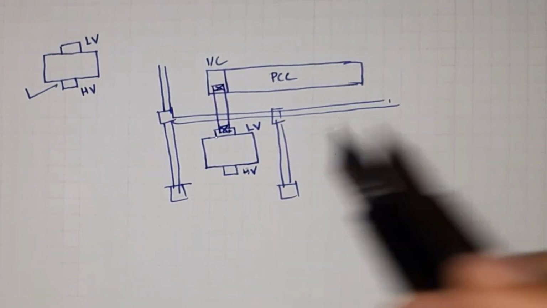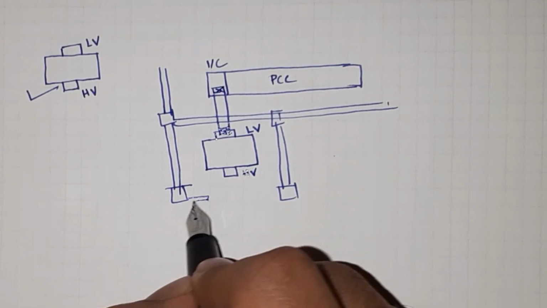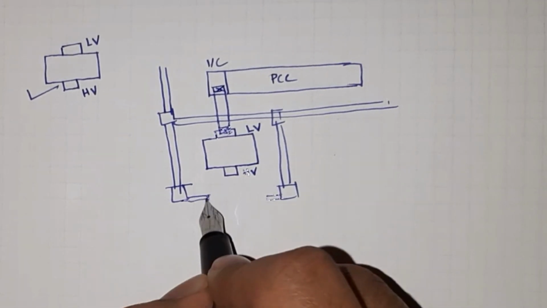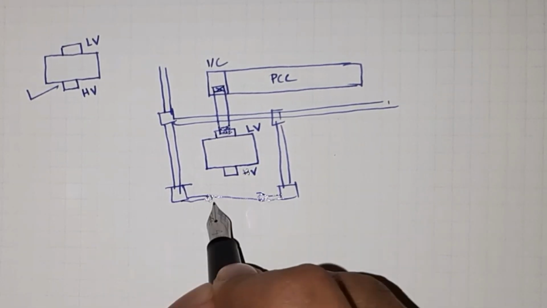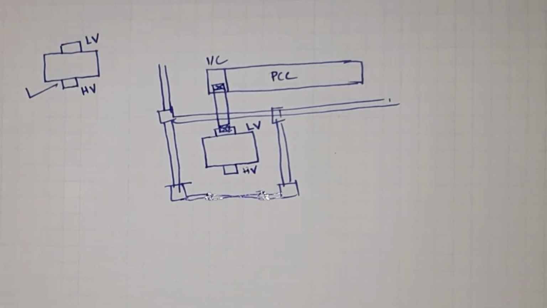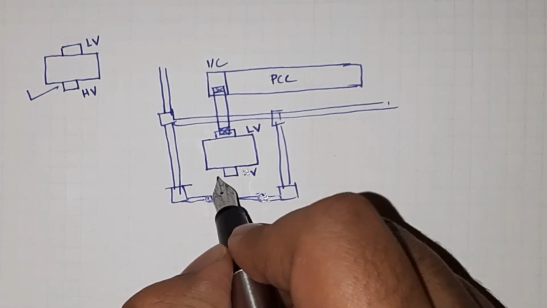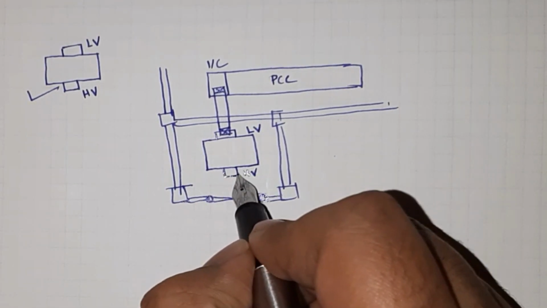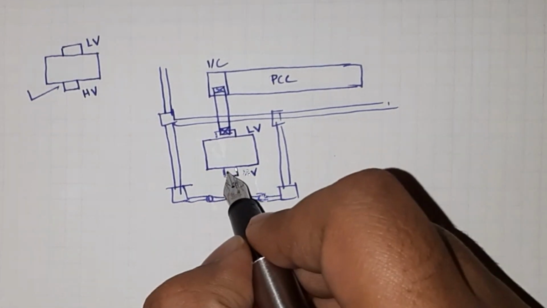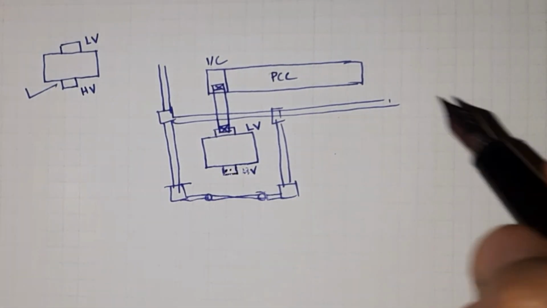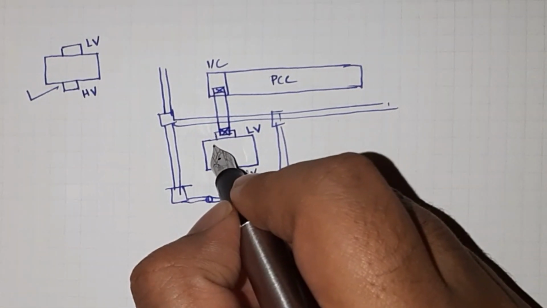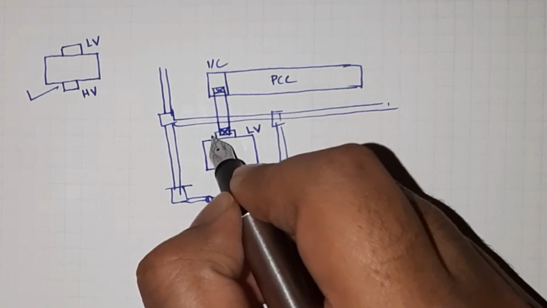Now what is the major disadvantage of this type of arrangement? So this is the fence gate. You see, I have placed the HV cable box in front of the transformer. So there will be the cable termination, and the transformer rails will be placed something like this way.